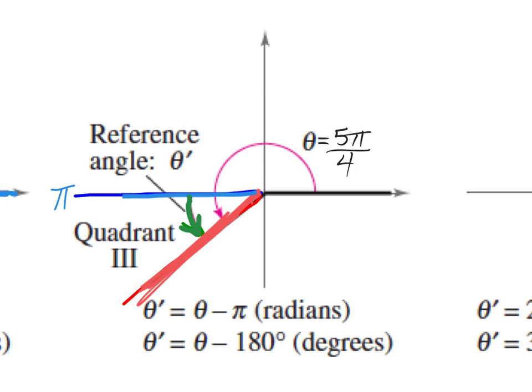That would be not the 5, just pi over 4, okay? Pi plus pi over 4 will give me 5 pi over 4. All right, so that's our third quadrant.